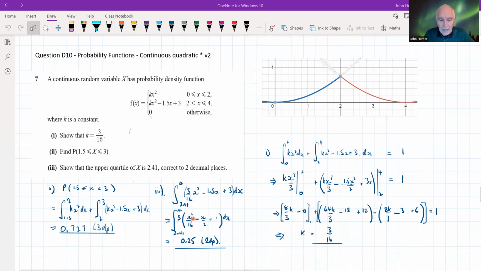Well, I've not developed this right through, but we just follow the same process in doing that, and we come to an answer which is actually very close to 0.25. So indeed that area is 0.25 above 2.41, and therefore that gives us to conclude that the upper quartile of x is 2.41, correct to 2 decimal places.